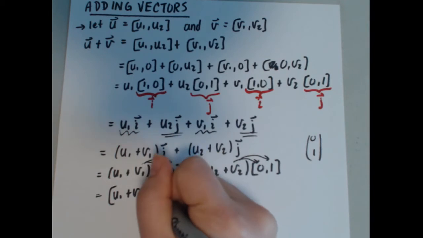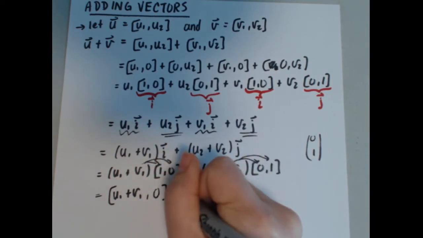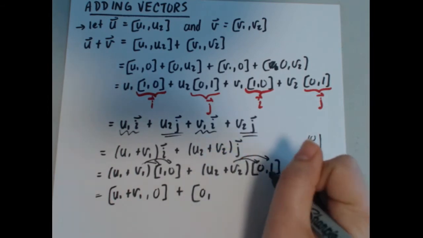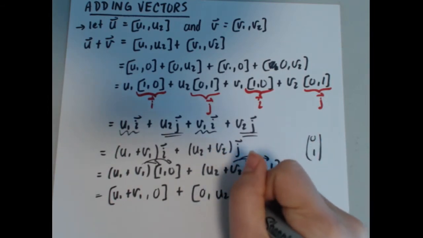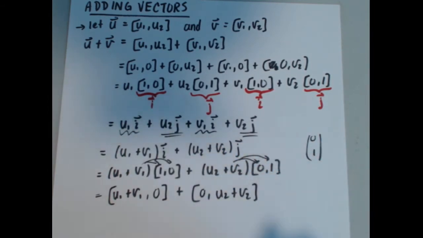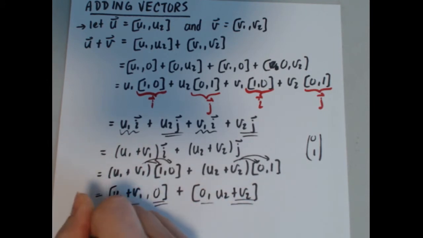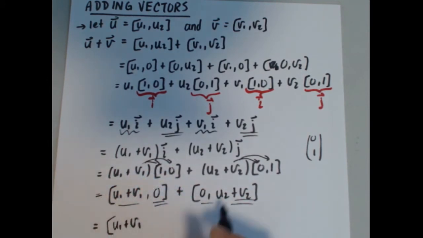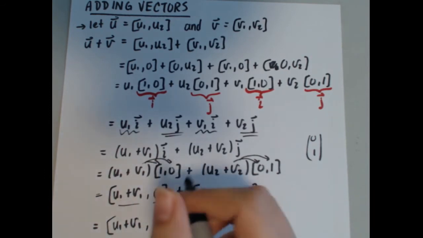If I multiply that sum by 0, I get 0. Plus, again, u2 plus v2 times 0, that's 0. And then multiplying that by 1, I have u2 plus v2. Okay, so last step, add the x pieces together, add the y pieces together. And we're going to have u1 plus v1 plus 0, which is just that, and then comma 0 plus u2 plus v2.